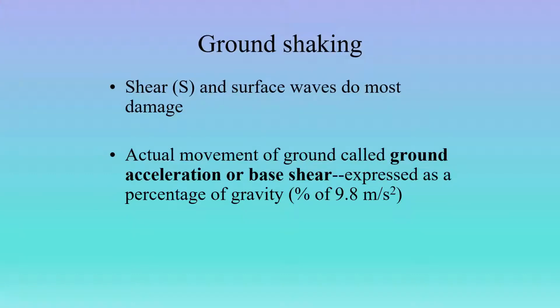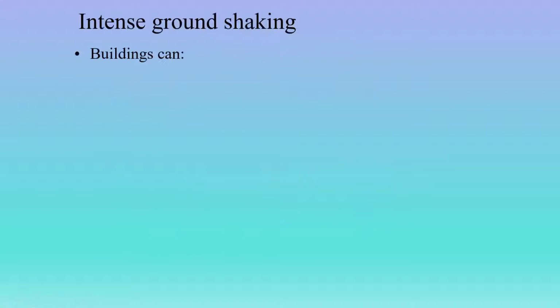The actual movement of the ground is expressed as what's called base shear, which is a percentage of the acceleration due to gravity. So you can imagine if you have large masses of rock and earth moving, sometimes during these earthquakes, they can move faster than gravity. So that's called base shear. I'll do that next time, right?